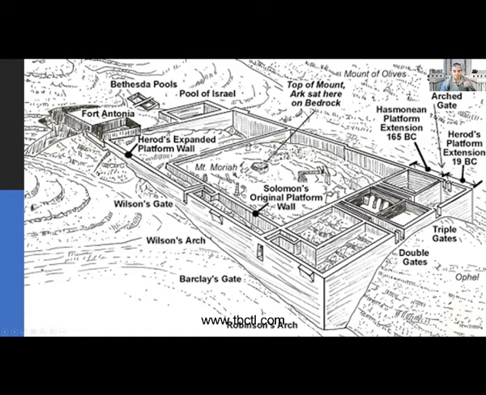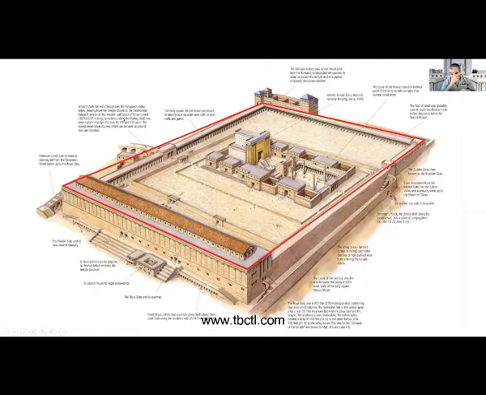This is a little bit of a better view of what we just saw. So again, we have the Southern Steps, the Ophel, Robinson Arch, that big interchange that brought a million people into the complex. We have the Wilson Gate that led from the upper city for the priests and the nobility to go straight into the temple.